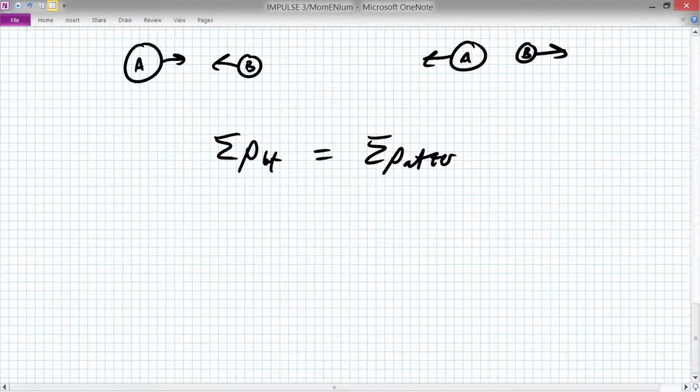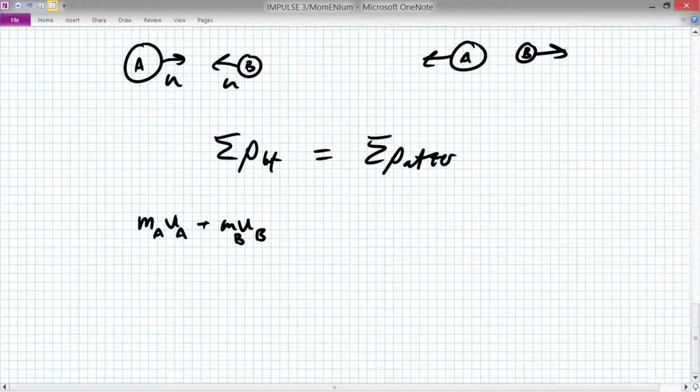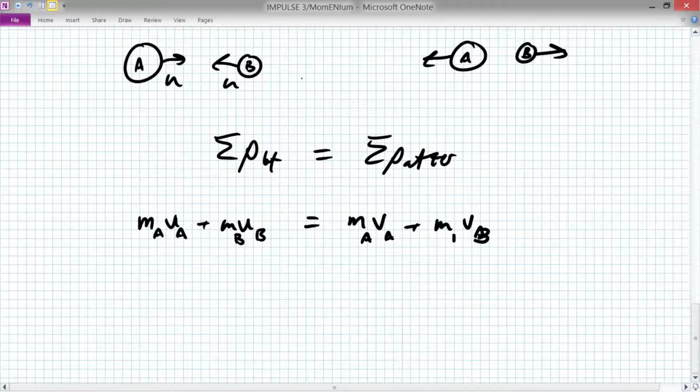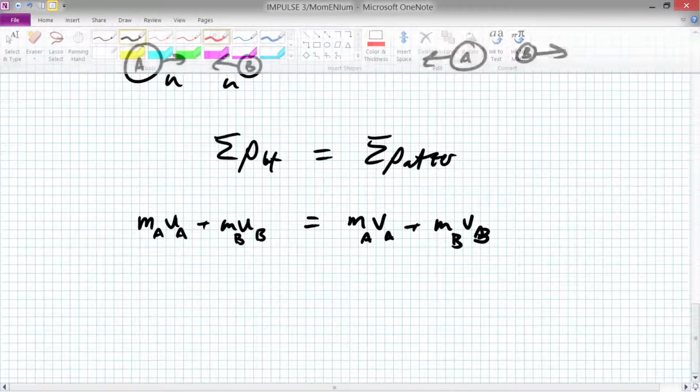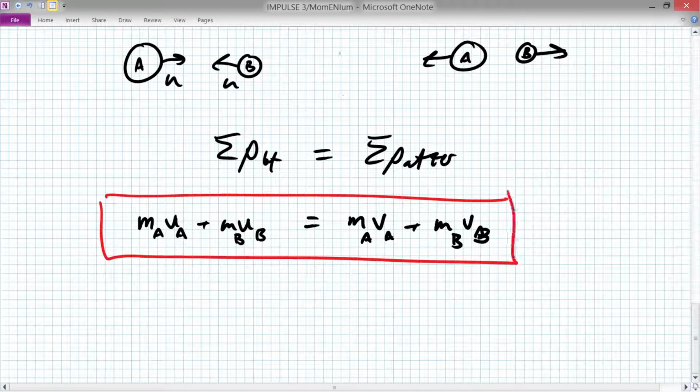So more generally, before, our momentum is going to be the mass times the velocity of body A plus the mass times the velocity of body B, so that's m_A u_A plus m_B u_B, I'm just denoting the u for before, and that's going to be equal to the mass and the velocity after of A plus the mass and the velocity after of our body B. That then is our final conservation of momentum equation, and that's what we'll use every single time.